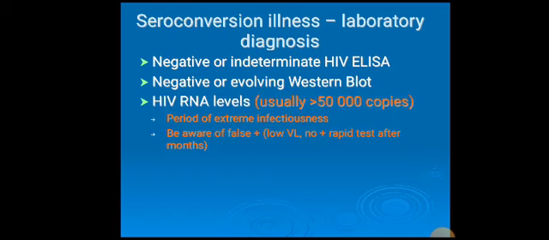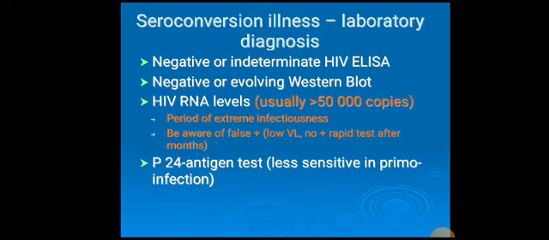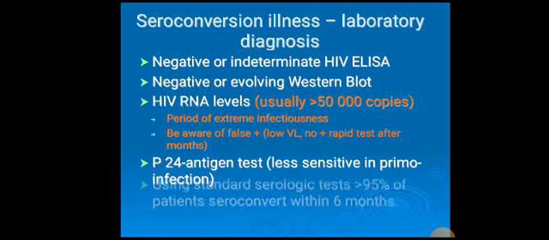You may do the HIV RNA level, and usually it will be more than 50 copies. The p24 antigen is less negative in the primary infection.